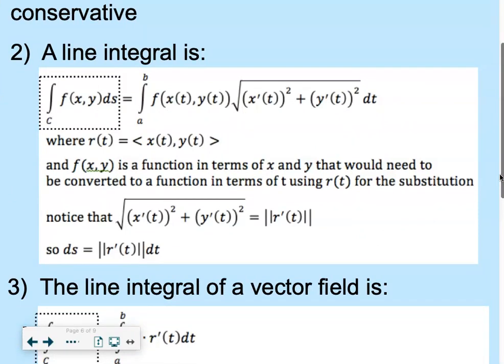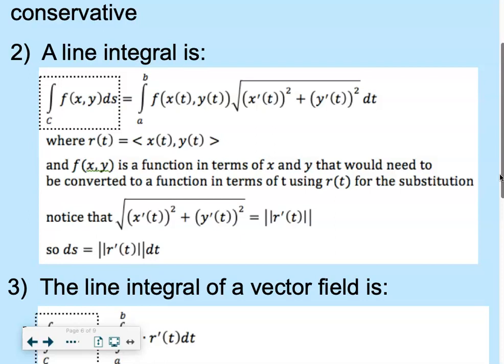Couple things to notice. I don't know if you remember this or not. Arc length is the magnitude of the speed, the magnitude of the velocity. This right here is our definition of arc length, the square root of x prime squared plus y prime squared. Then you have to integrate it. But anyway, it's the same thing as the magnitude of r prime.